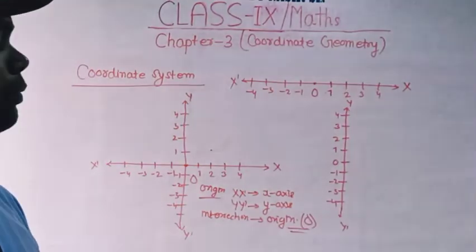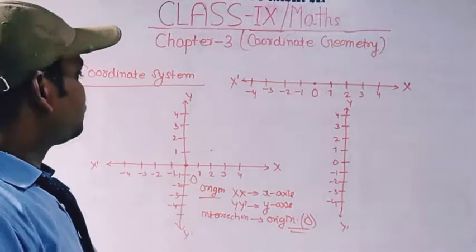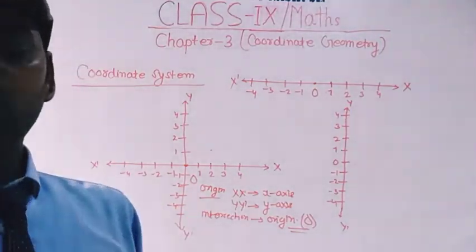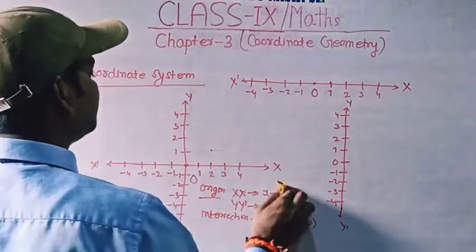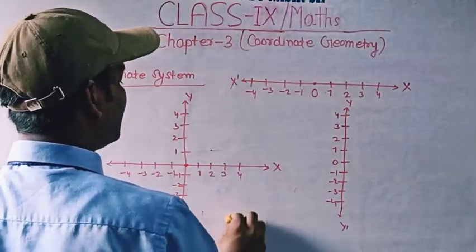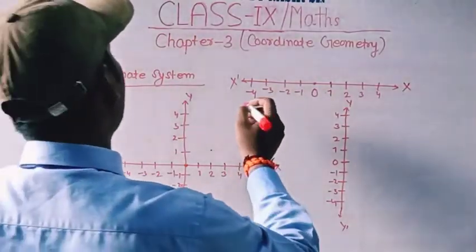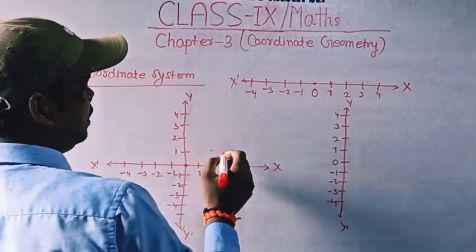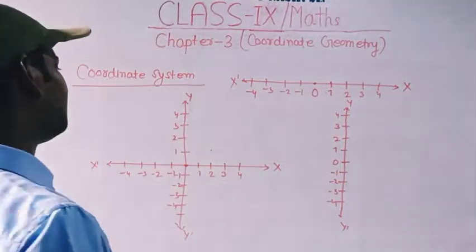Also see these two axes divide the whole plane in 4 equal parts, and each part is called a quadrant.